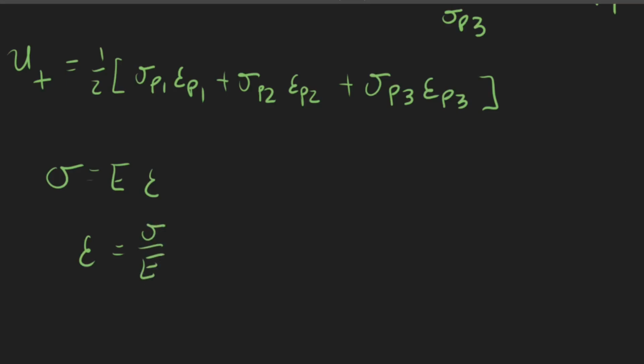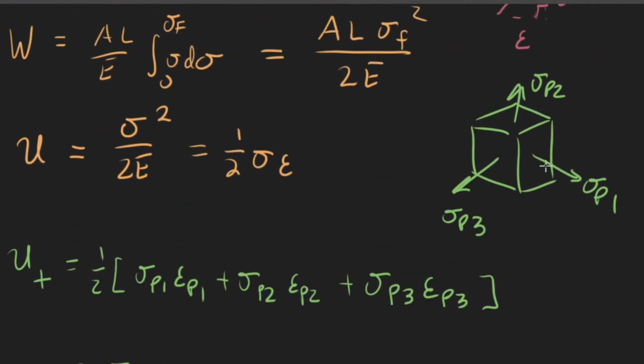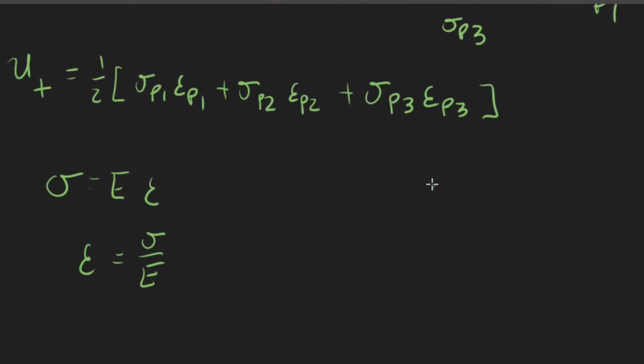But because we're dealing with loading in all three directions, we're going to have to take into account the Poisson effect. So basically, if you remember, if I have a box right here, and then I make this longer, I apply some load, I put this thing in tension, it's going to get longer, but it's also going to get thinner. So it's going to look like this when it's done. So you're going to have an axial strain this way, but then you're going to have a lateral strain in the opposite direction.